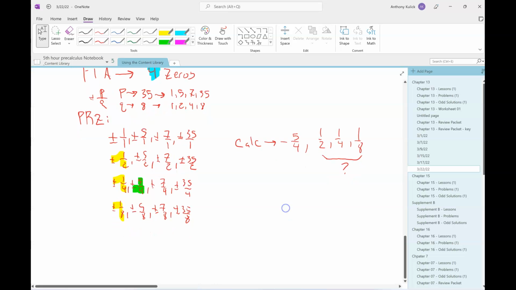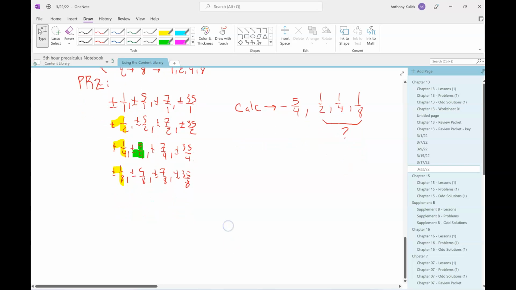Okay. So which one of these would we choose to start our synthetic division with? I would do the negative 1.25 because there's really only one thing that could be, right? I'm pretty sure that's what that has to be.